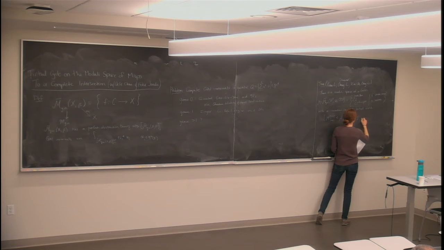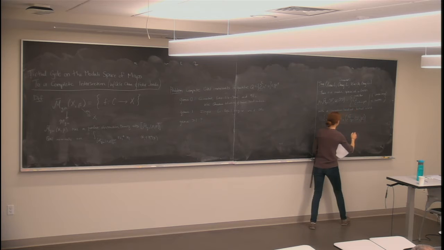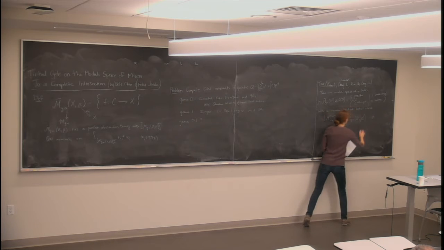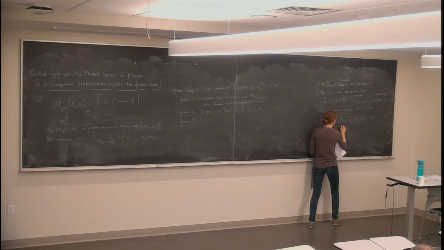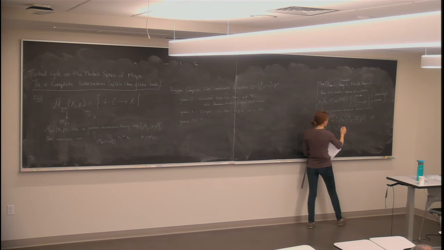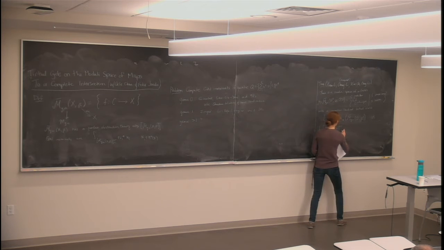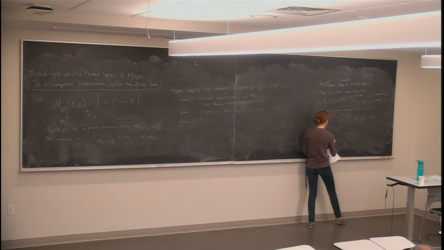It's actually supported on the locus of maps to the quintic. But it's pushed forward to some virtual class, not cosection localized, on this space, on the moduli of p fields.